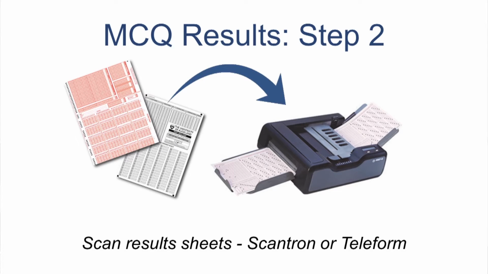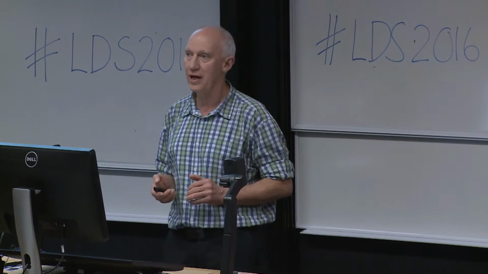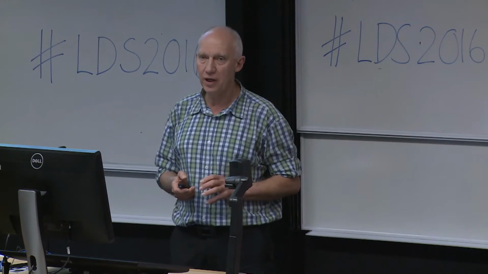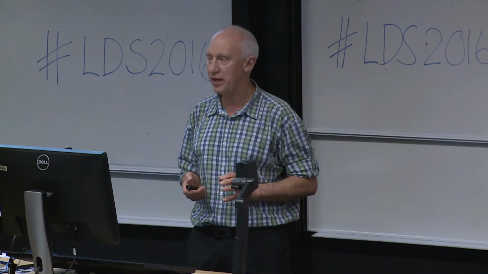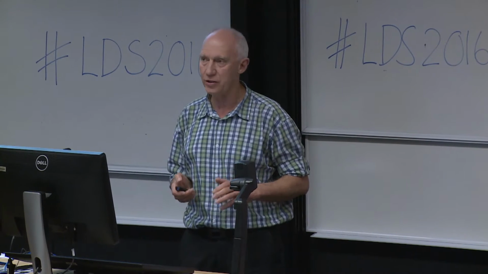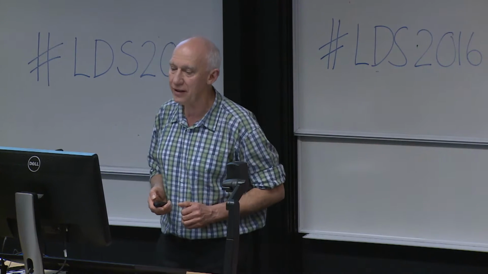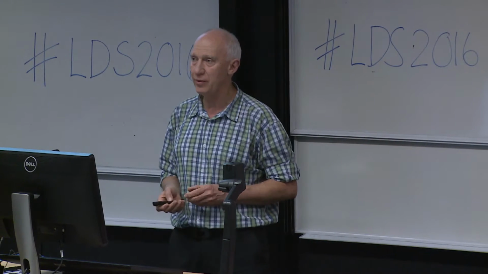You then put those through your Scantron machine, or you send them to the scanning office, and they send you back an electronic file of all the student answers. You could tweak this a little bit by adding a few lines at the beginning that MCQ Results needs, which has your correct answers and some decoding information if you've got multiple versions that you want to combine. And then you simply upload that to the MCQ Results web application.